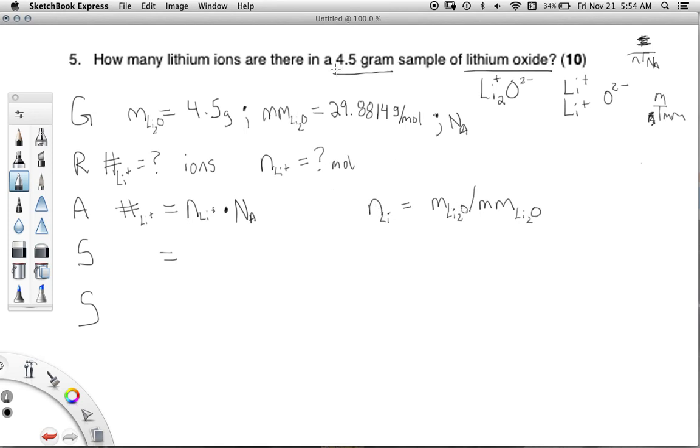Some people tried to go from this value right to that value, and we can't. It doesn't make sense. So these subscripts keep us honest. It keeps us straight. It shows everyone what our thought process is. So this would give me the moles of Li2O, not the moles of lithium 1+, which is unfortunate because it's really all the information I have. If I knew somehow how this could be converted into that, we'd be okay.